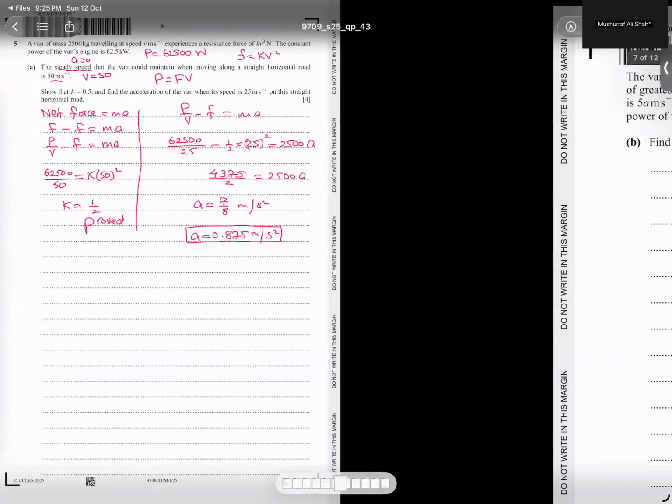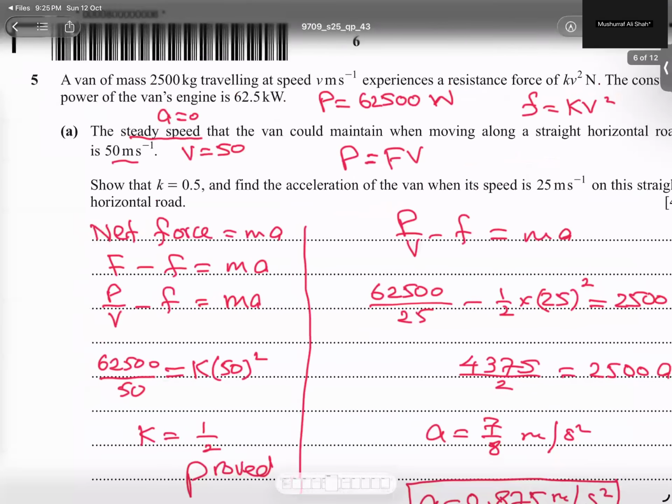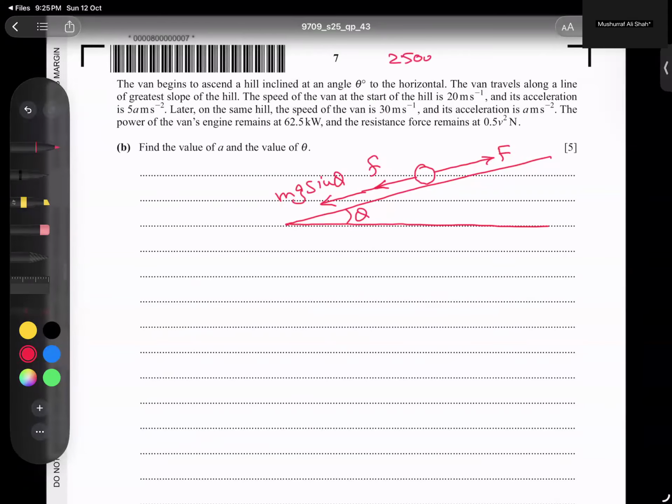Let me check what the mass is. 2500, okay, mass is 2500. Because the system is going upwards, it is moving with acceleration 5a, and speed is 20. So V is equal to 20.